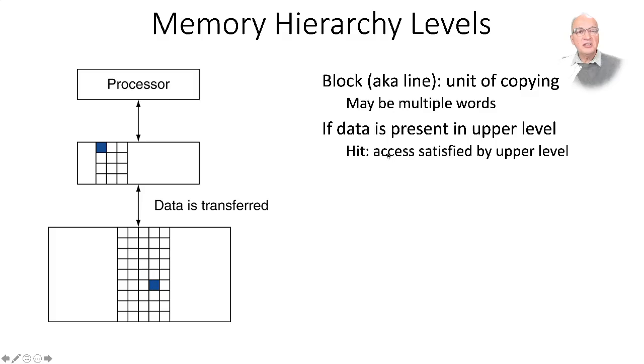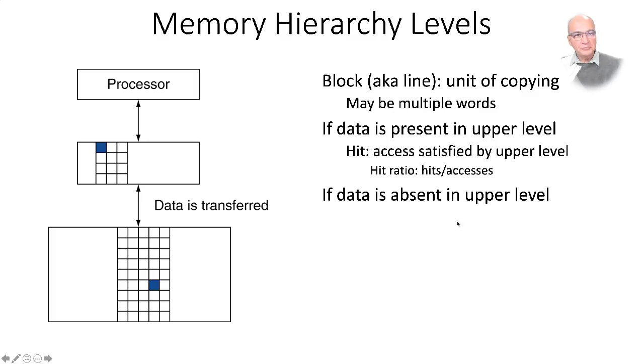The access was satisfied by the upper level in the hierarchy. And then I can define the concept of a hit ratio, that is the number of hits divided by the number of accesses. So the hit ratio tells me how often I needed a piece of data and I found that piece of data at the higher level in the hierarchy.